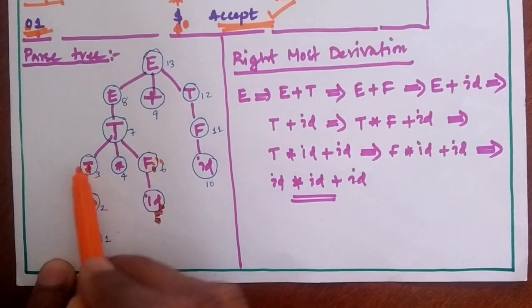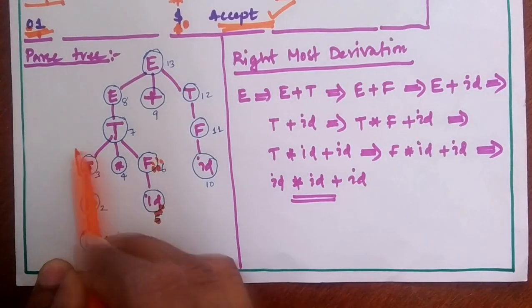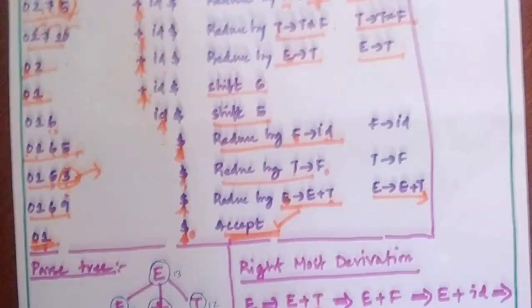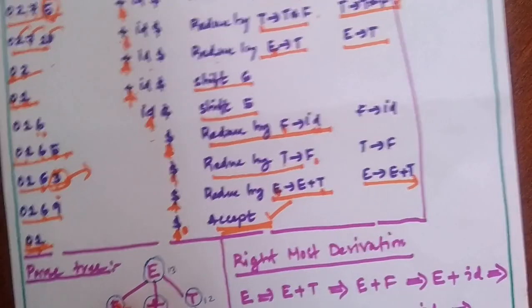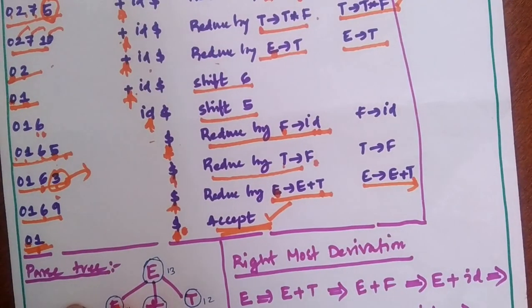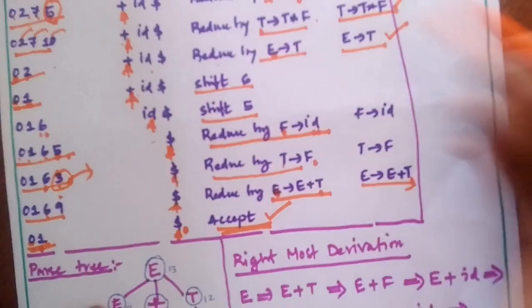Then both T and F are ready, so T star F can be performed, replaced by T. Then the next T is ready, then T is replaced by E.